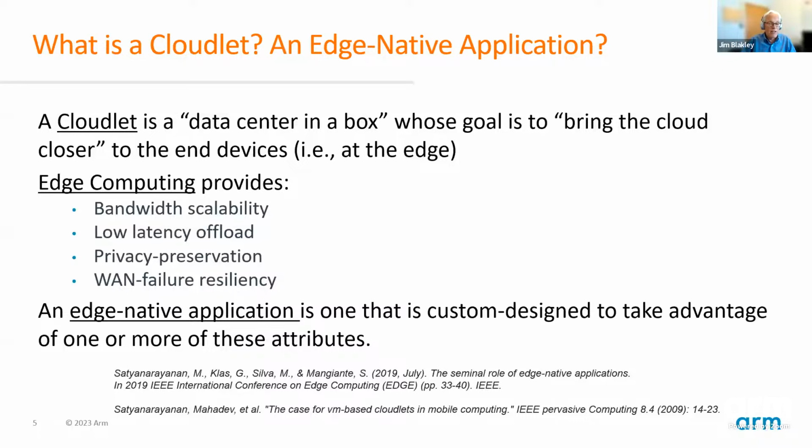And if the cloud or the network goes away, you can continue to operate without having any loss of service to the end users. And what we refer to as an edge native application is one that is custom designed to take advantage of one or more of these attributes going forward. So that's just a little grounding.